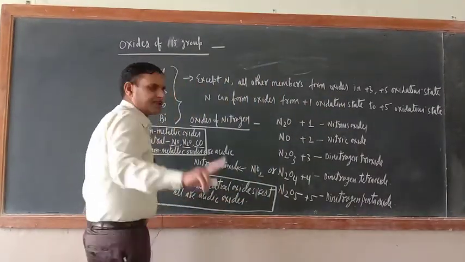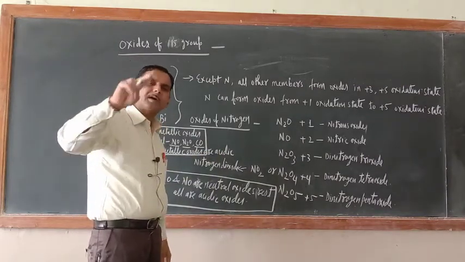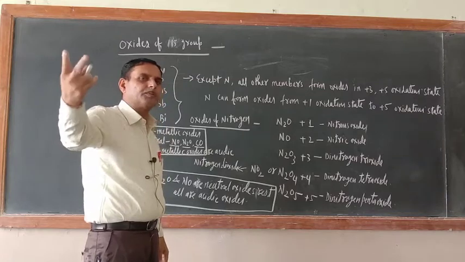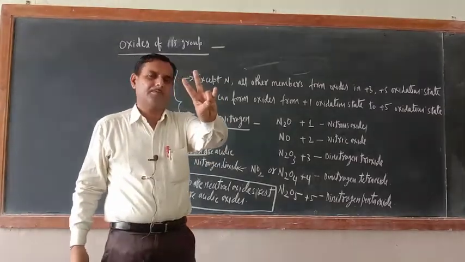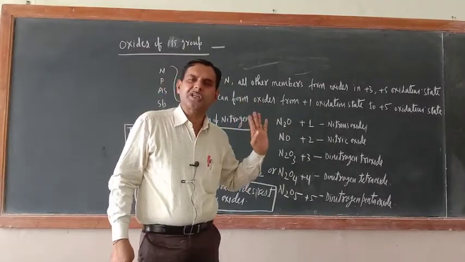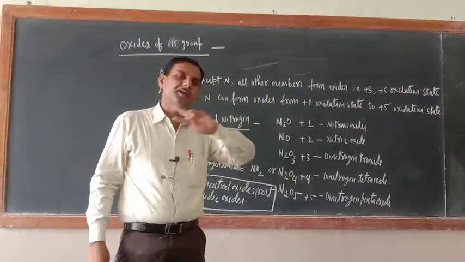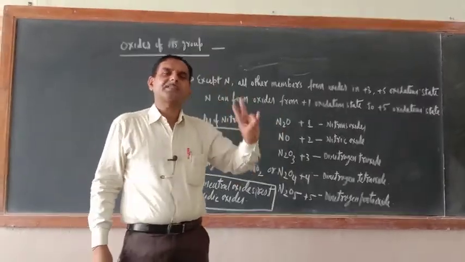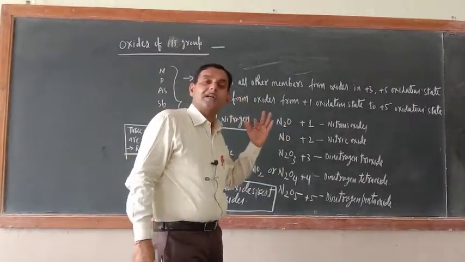Rest, they will form only two types of oxides. Either they will form oxide in +3 oxidation state or in +5 oxidation state. So for rest members, the oxides are limited. For nitrogen, 5 types of oxides are there.